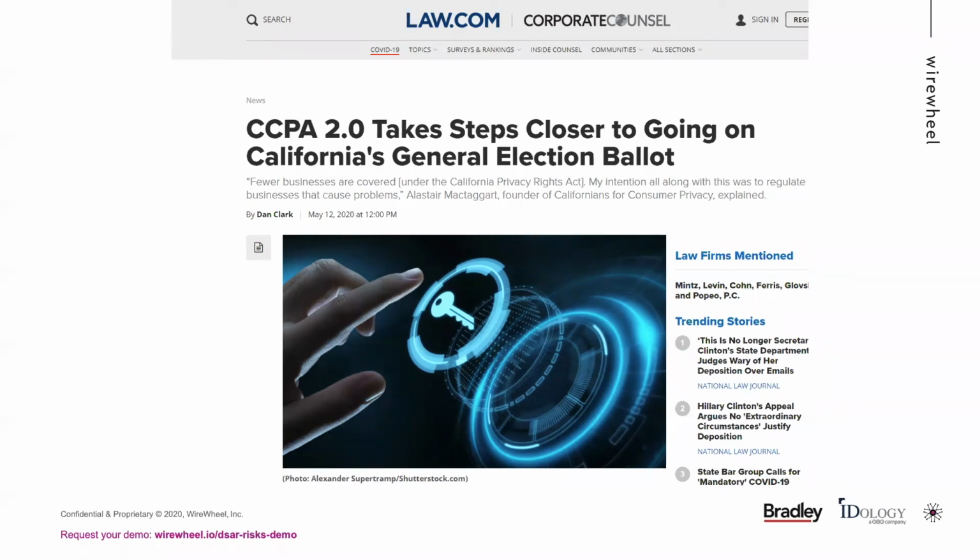So this will go on the ballot in November. It looks like, as of right now, it's going to have the requisite number of signatures to go on the ballot, and if the polling holds up, it will likely pass. This is going to be a much more comprehensive privacy bill.